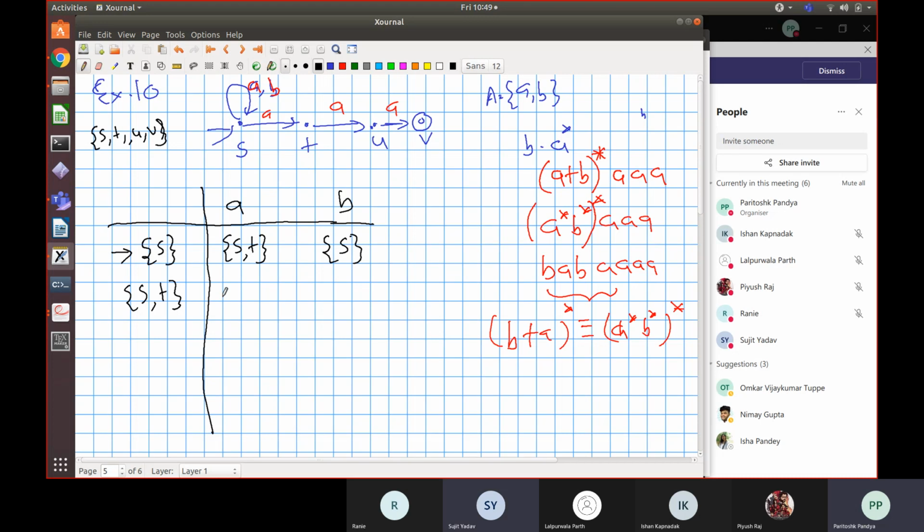We already checked that, ST, and T on A is U. So I have STU to add also. So I get this STU as the set. And where does ST go on a B? Only S. Very good. So these are correct transitions.